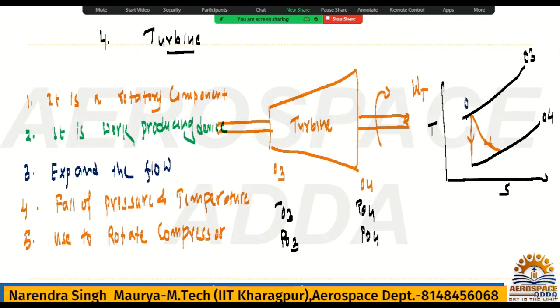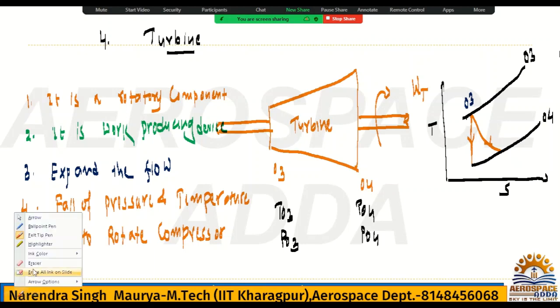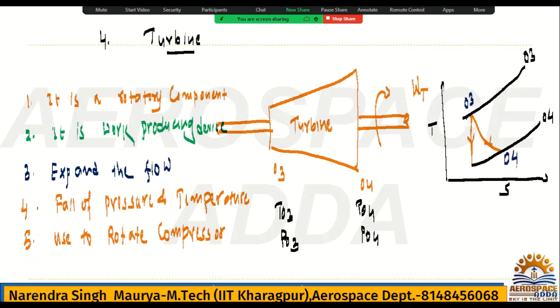What is this number? It is Not 3, and definitely this will be not 4. Sorry. So see, this is the actual, so Not 4. This you can say this is the P03 and P04. Now this is correct, because this is the pressure line, and this is the Not 3 and Not 4. This point will be Not 4 dash. Okay, dash means ideal expansion.